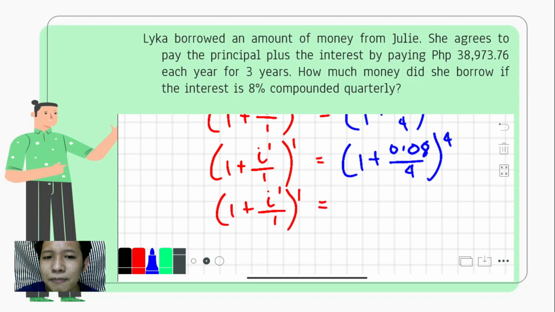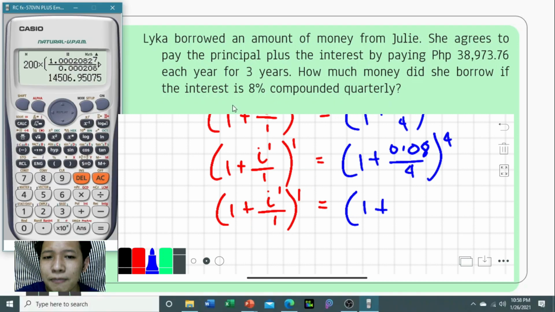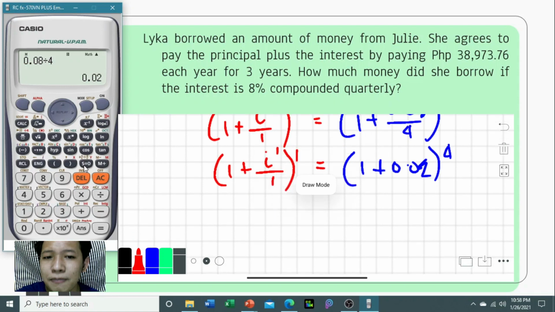So we have 1 plus 0.08 divided by 4, which would be 0.02, raised to 4. Hence, we would be having (1 + i^(1)/1)^1 equals 1.0, ay sorry, 1.02 raised to 4.